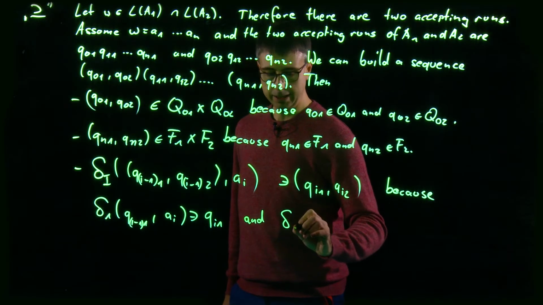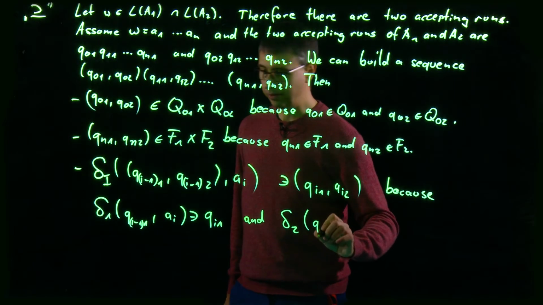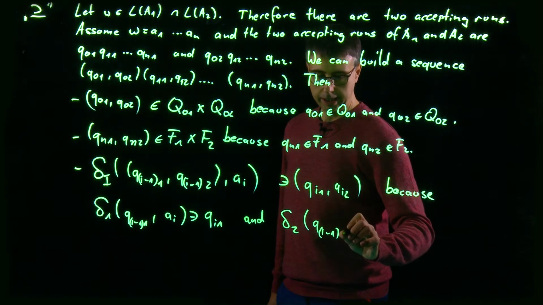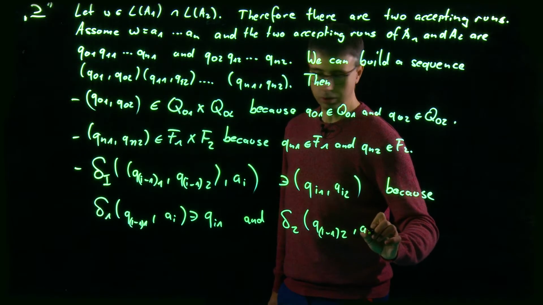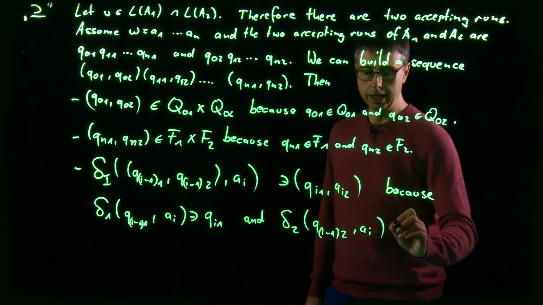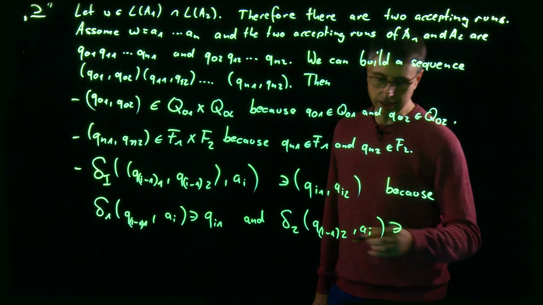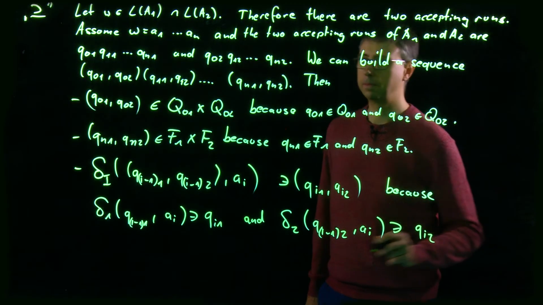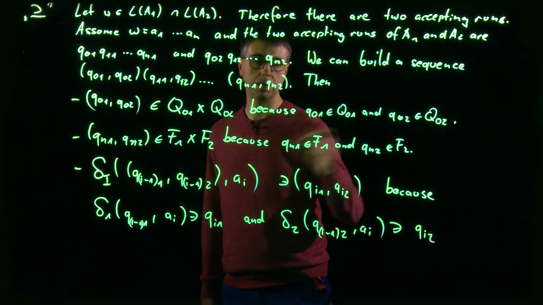So we know this, and we know that delta 2, if we are in q_{i-1}^2 and input a_i, so the ith letter of the word, then in the result, which is a set, there must be the state q_i^2. Same argument for the second automaton.